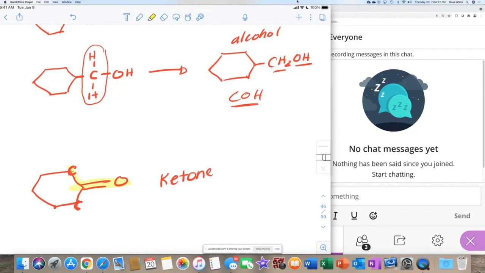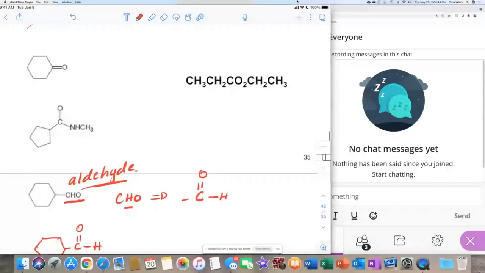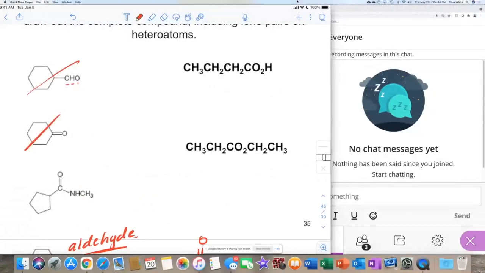Okay? Because the ketone has this combination right here. Carbonyl in the middle, carbon on either side. That's called a ketone. Okay? Acetone. I've seen a lot of steroid medication that have a lot of "one" in them, and I'm like, yeah. I have mixed feelings towards ketone products, even though I do like acetone.